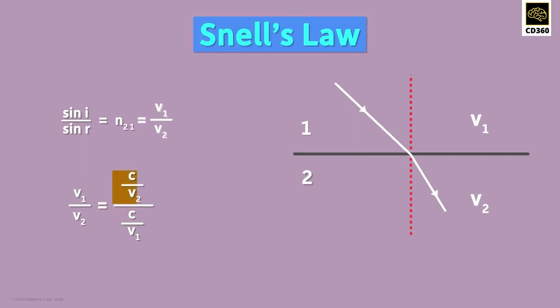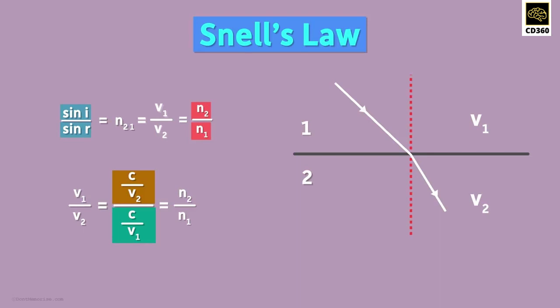That's right. This is nothing but the absolute refractive index of medium 2, and this is the absolute refractive index of medium 1. That was another way of understanding Snell's law. We can also say that sin i over sin r is n2 over n1, where n2 and n1 are the absolute refractive indices of media 2 and 1 respectively.